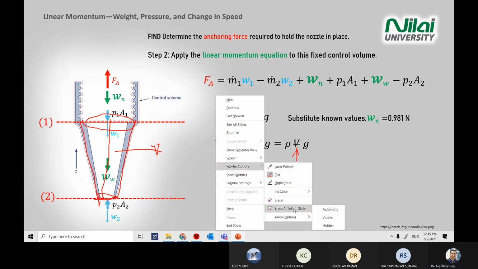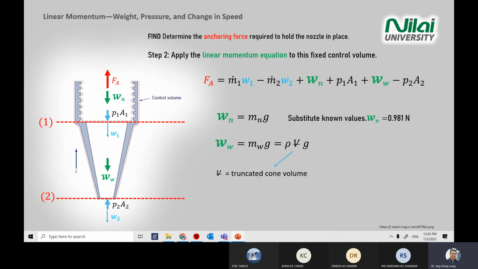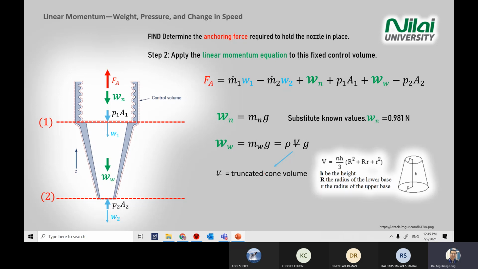So it's a cone volume. I just give you some hints: there's an equation for a cone. Then you find the volume accordingly. At the end, you'll find your water weight equal to 0.278 Newton. Important, Newton.